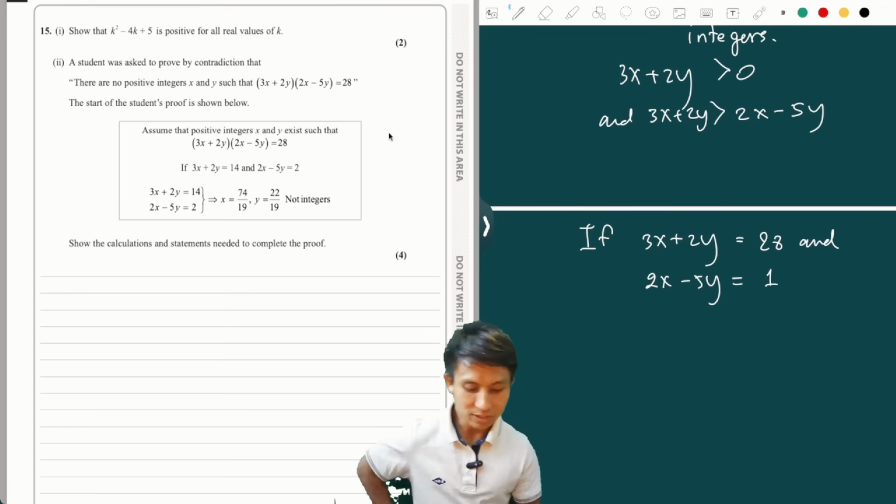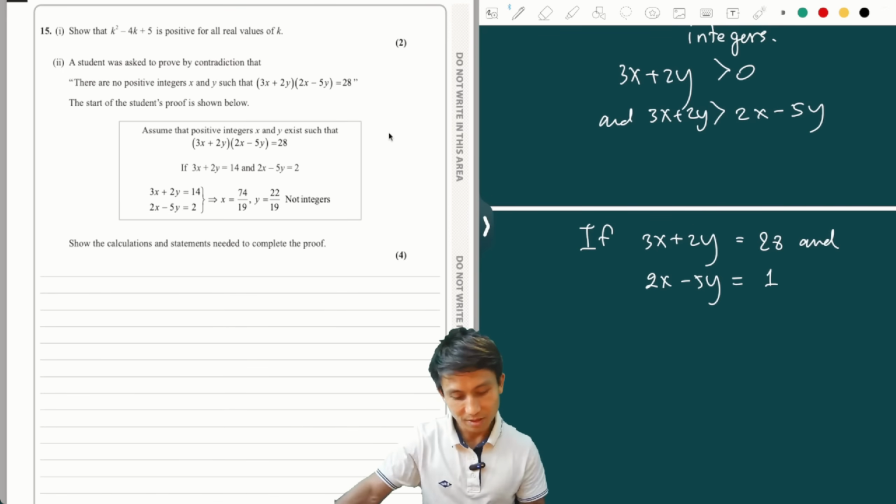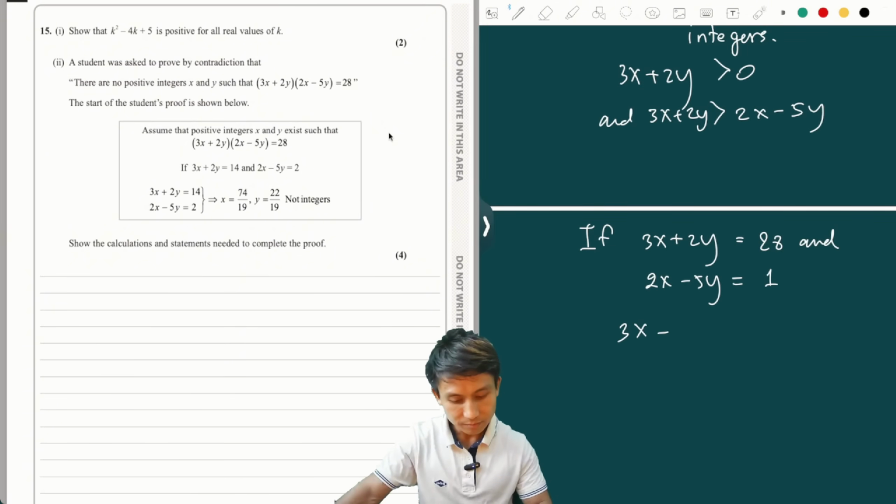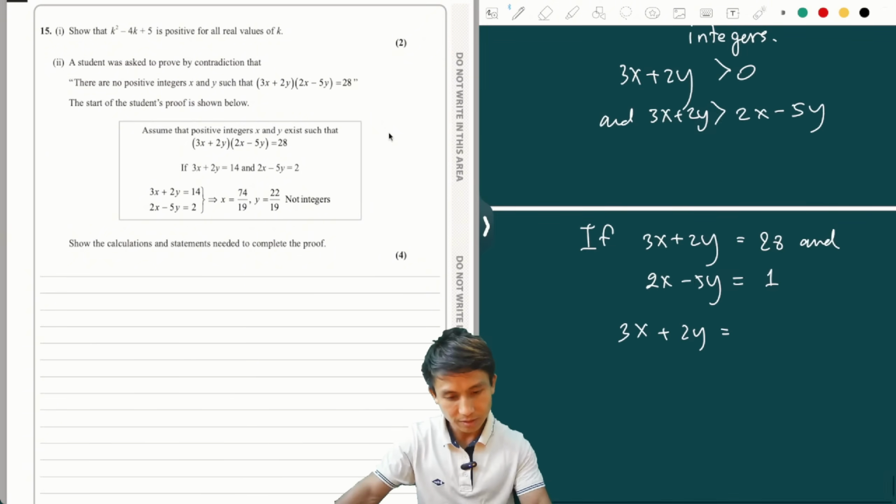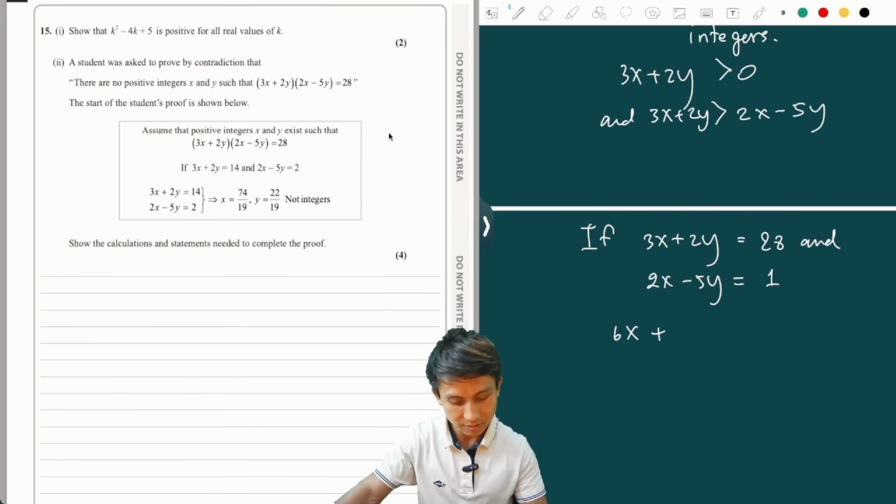So we solve simultaneously, right? How do we do that? Well, I'm just going to multiply this by 2, so I get 6x plus 4y equals 56, and multiply the bottom one by 3, so 6x minus 15y equals 3.